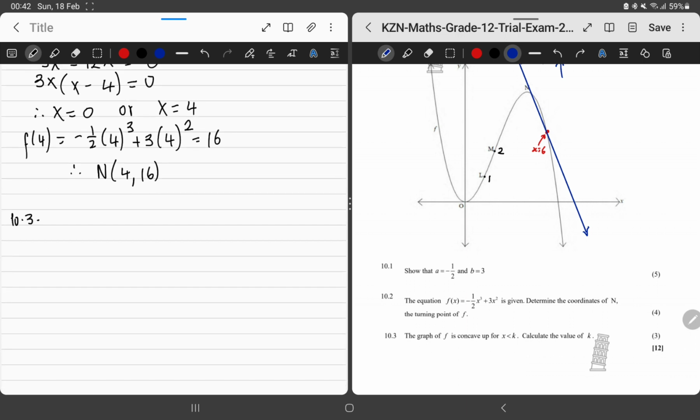10.3. The graph of f is concave up for x less than k. Calculate the value of k. So they are looking for the point of inflection. The x of inflection should be equal to the x-coordinate of the turning point at O plus the x-coordinate of the turning point at N, divided by 2.